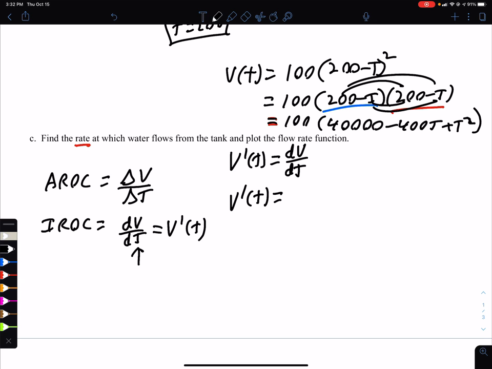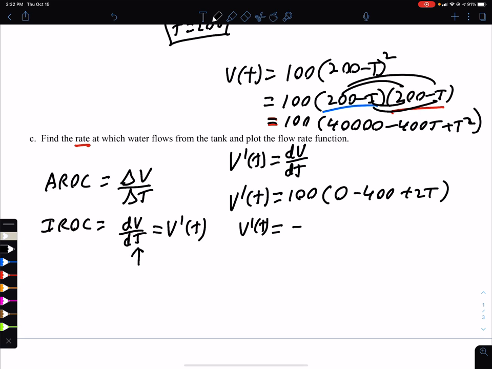And so when we take the derivative, we have the constant rule. We leave the constant. The derivative of that is 0, so we get a 0 there. The derivative of that is minus 400, so we get a minus 400 there. And the derivative of that is 2t, so plus 2t. So this is our V prime of t.